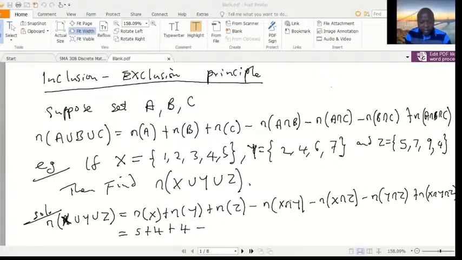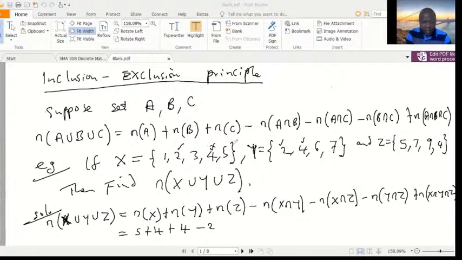The number of elements in the intersection of X and Y: the elements common to X and Y are this 2, which is in X and in Y, and this 4, which is in X and in Y, and there is no other element. So how many elements are these? 1, 2. Those are 2 elements. What about the elements in X and Z?